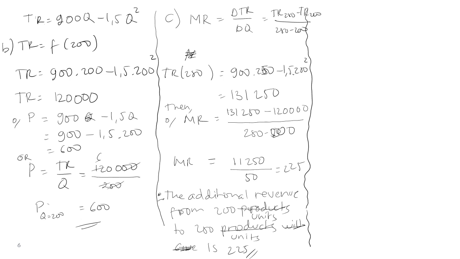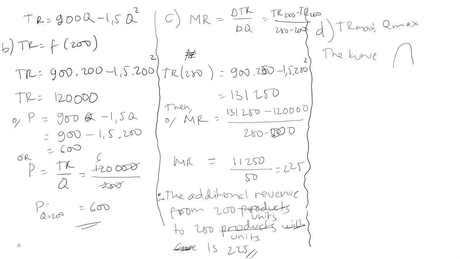Right, now next, the maximum value of TR and QM. Okay, max. So is it really max? Max means that the curve should be downward. Is it downward?